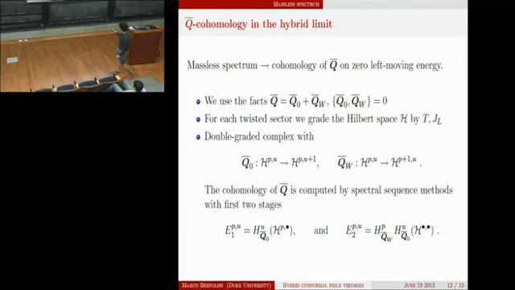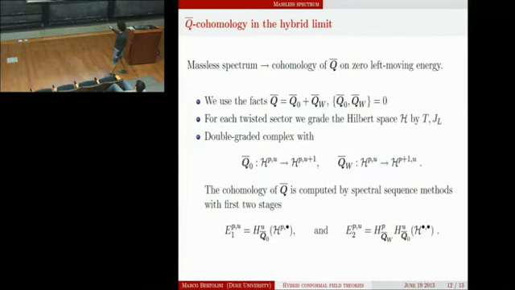By use of the left-moving algebra we've written down before, we can grade the Hilbert space by left-moving energy and U1L charge. On each of these Hilbert spaces, we have a well-defined double graded complex on which these two pieces act respectively as the vertical and the horizontal differential.